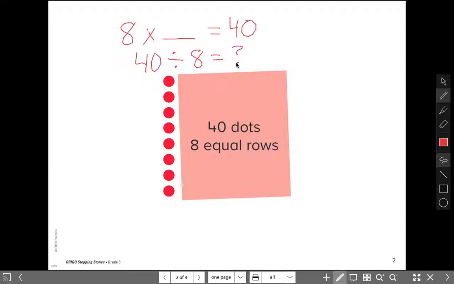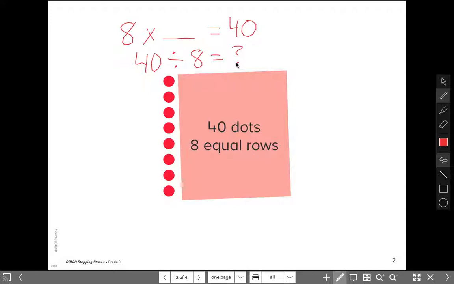Patience. 8 times 8. 8 times 8 is 64. Wow, I see a whole group of people here that need to learn their multiplication facts. Gabriel. 4. 8 times 4 is 32. Andy. 8 times 10. 8 times 10 is 80. 8 times 6 is 48. Angelo. 8 times 2 is 16.